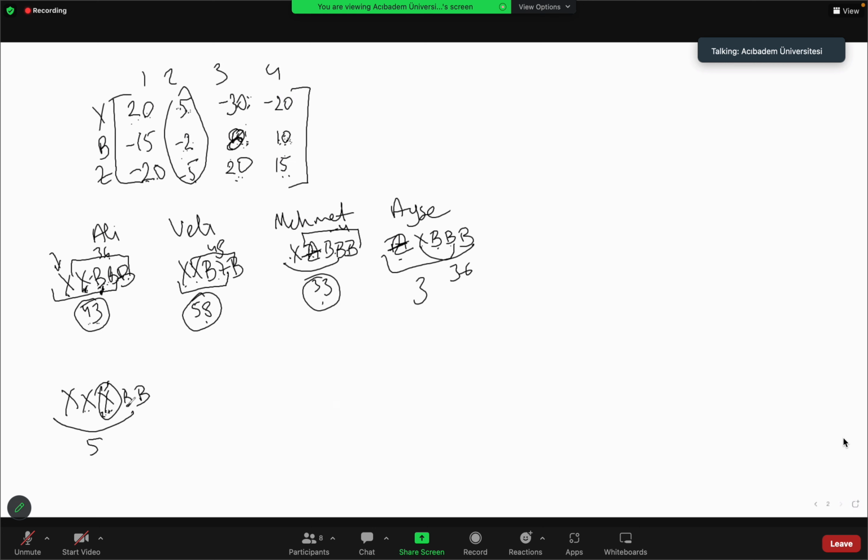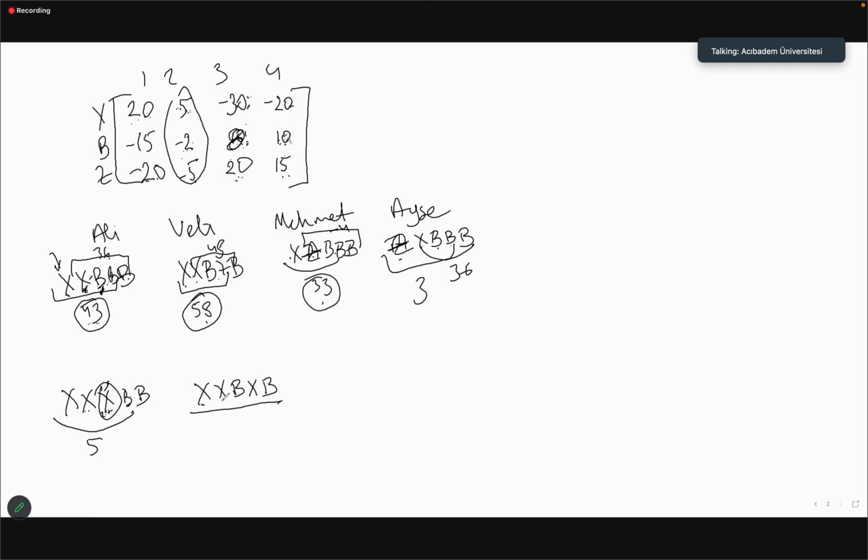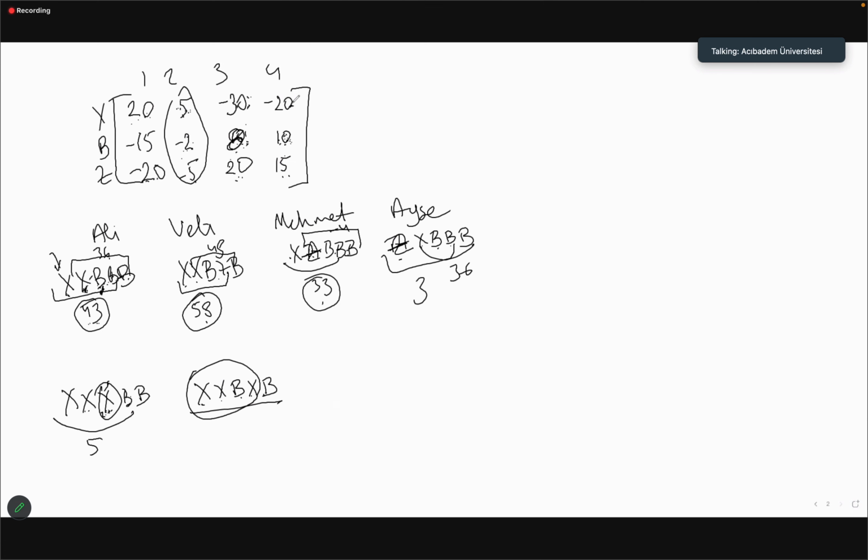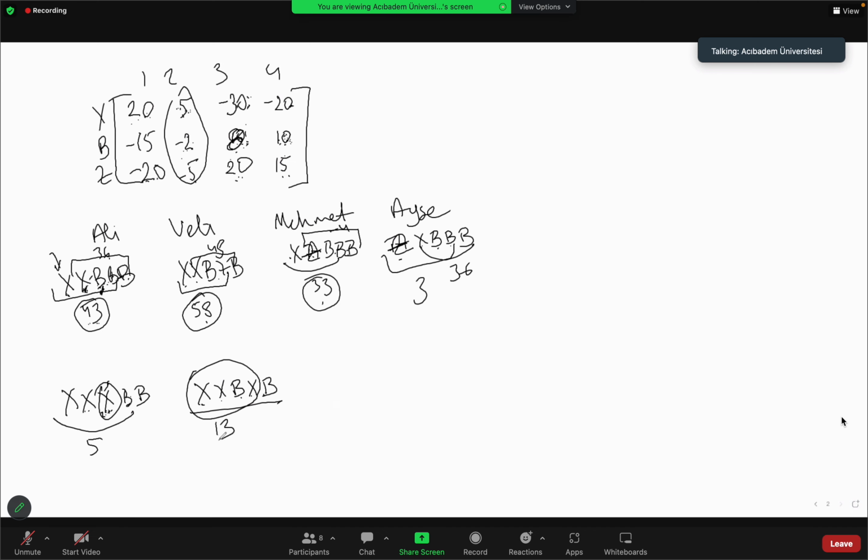Maybe the last position. If you change from B to X, that could be the disease-causing mutation, XXBX. If you change your sequence to this one, XXBX is still positive. It has a score of 13.